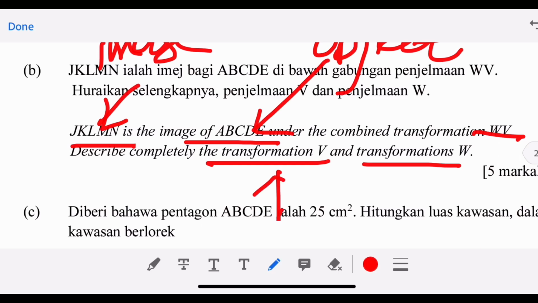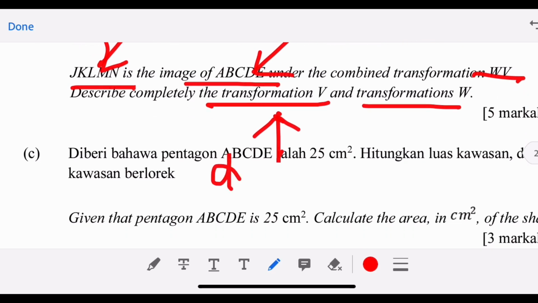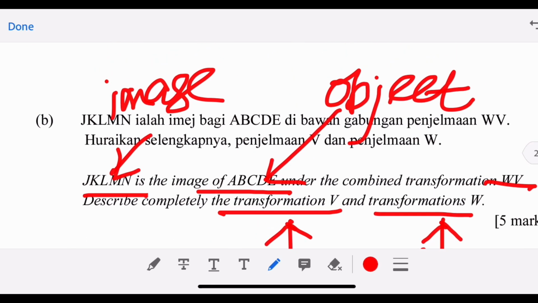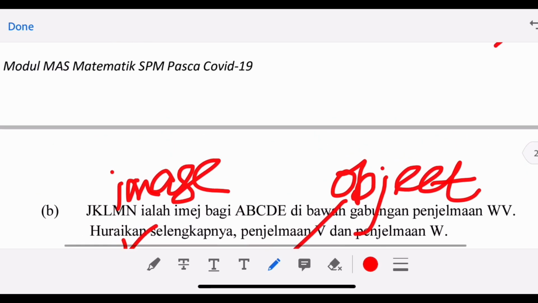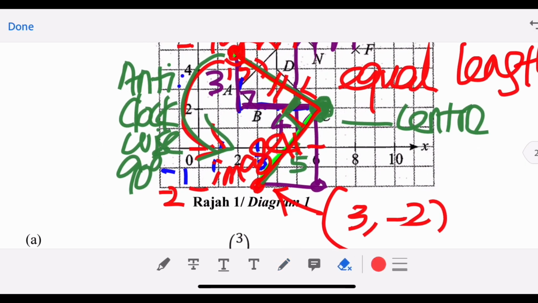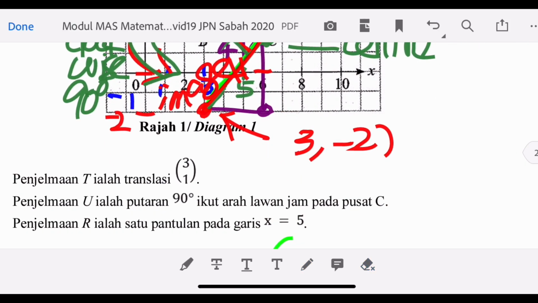Now we will focus on the question saying combined transformation W followed by V. That means we will perform V first, followed by W. Remember that? Now we will go to the diagram. Let me create the diagram first.